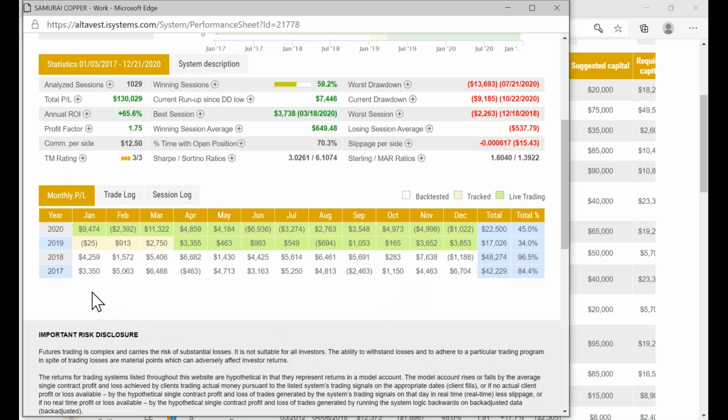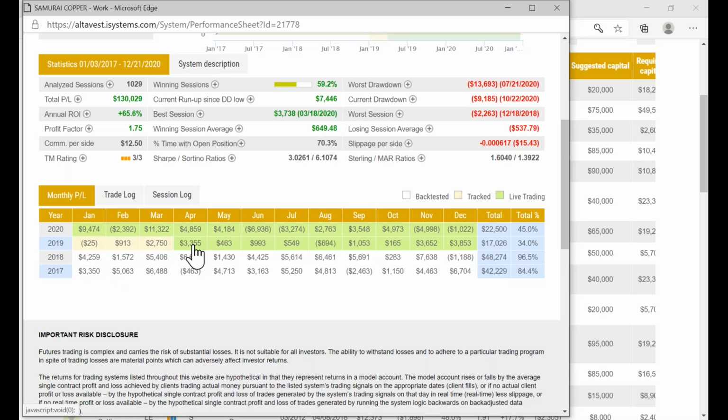So with that said, back January 2017, you can see all the back tested data is when it started. Now you'll see this kind of tan color here. That means beginning in January of 2019, the system was then placed on the AV Systems platform, and it was then being tracked by the AV Systems platform and made available to clients.